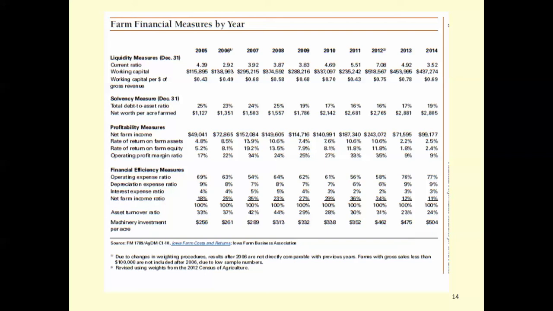So, say a farmer who farms 1,500 acres, if they had a net worth of $2,805 per acre farmed, they would have a net worth of $4,207,500. Very strong balance sheet. Very strong.